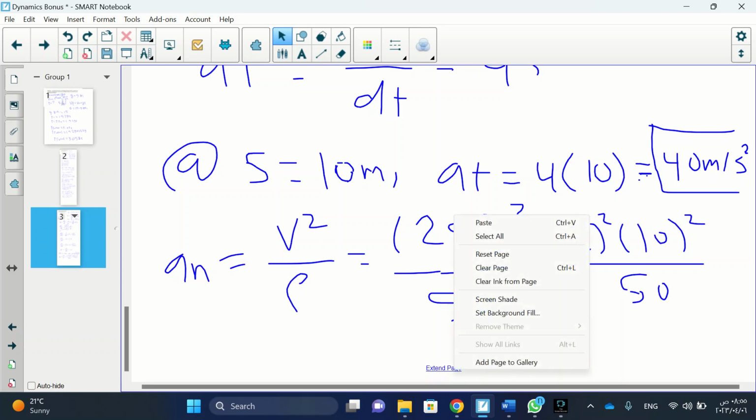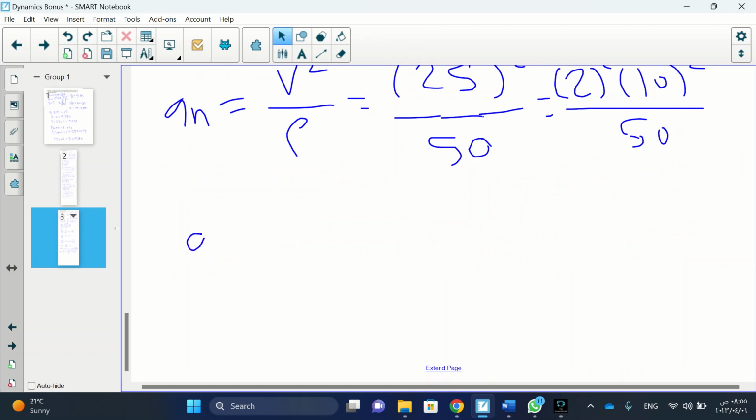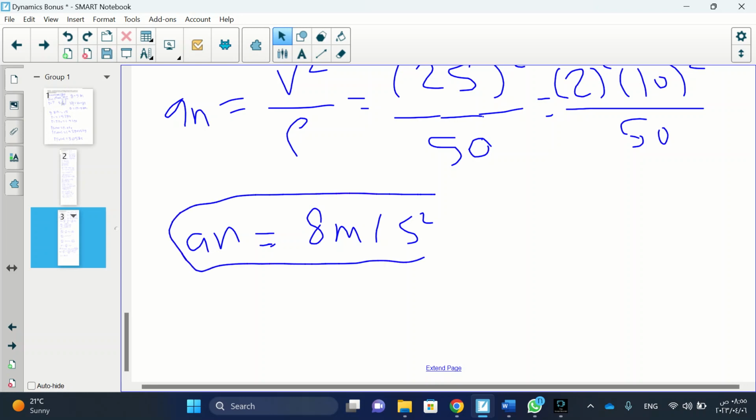So a normal will be 8 meters per second square. So we found at, we found a normal. Let's find a. We can find a easy, right?